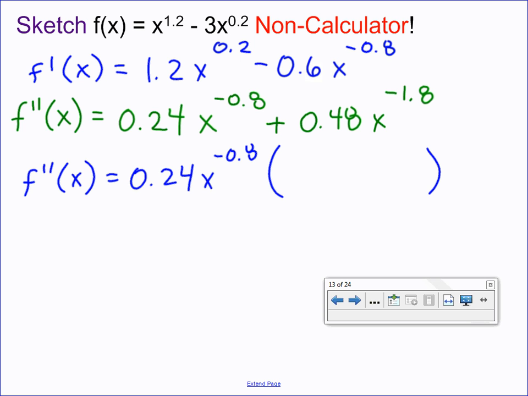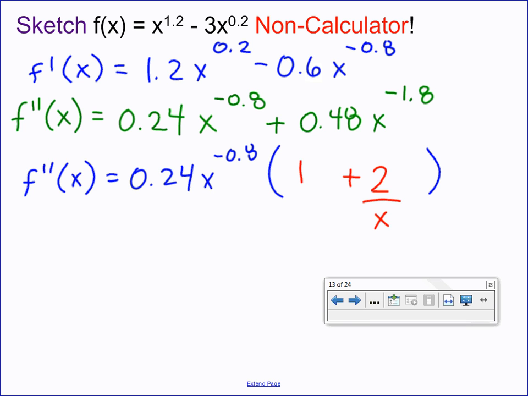That would give me, remaining inside, 1 plus, and this looks like 0.24 times 2. And I need to get from 0.08 to negative 1.8. So is this again just over x?